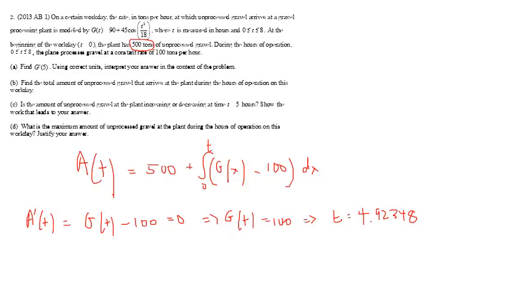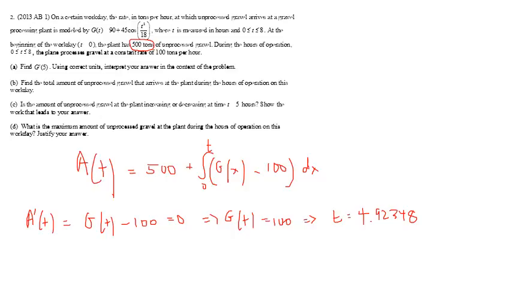Okay, so now that we have our critical point, we want to check that critical point in our function A of t along with the endpoints, which were 0 and 8. I'm just going to audibly say this, and then I'll give you the answers because, like I said, I can't type because I have a mouse, and that's not a very good situation. So if you check the endpoints at t equals 0, A of t is going to be 500. We kind of already knew that.